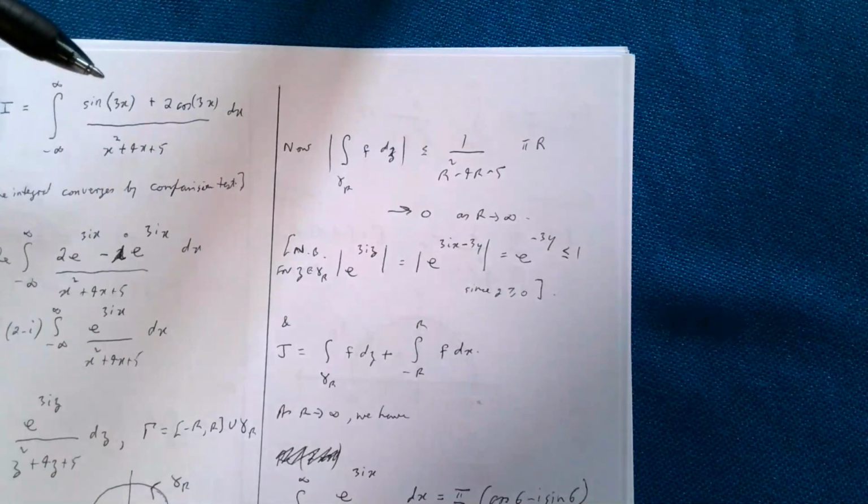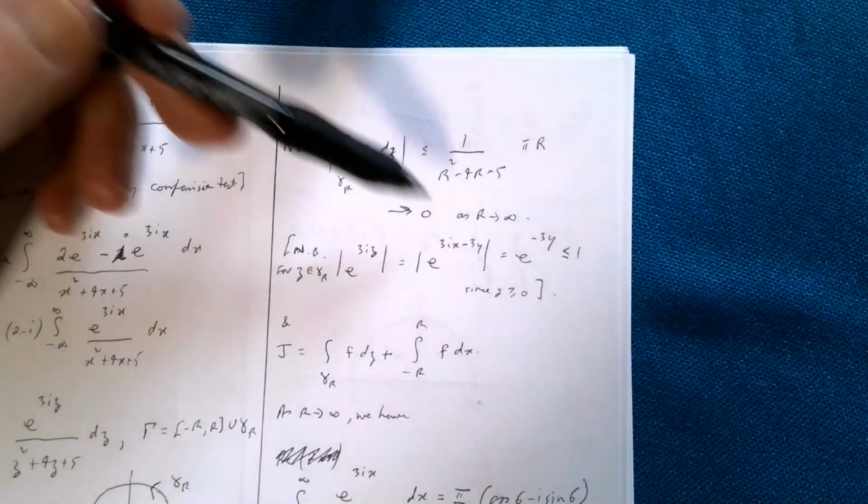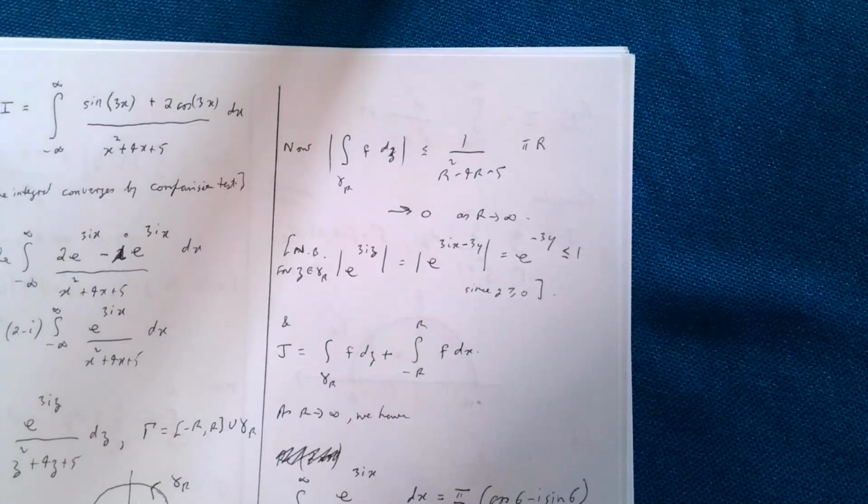Now, in some problems, the bounding argument used barely like this doesn't always work. Especially in problems where we're interested in the Cauchy principal value, which may or may not equal the actual value of the improper integral. So I'm going to need some slightly more sophisticated machinery, which we'll see in the next recording, where we're going to have a look at Jordan's lemma.